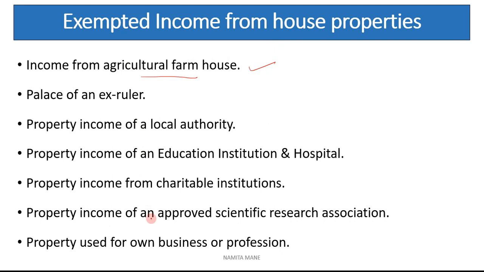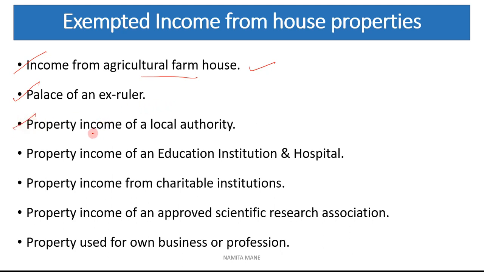So these are the incomes which are exempted from income from house property. First is income from agriculture farmhouse, then income from the palace of an ex-ruler, meaning the king and queen, if they are having palaces, the income generated from the palaces will not be taxable in income from house property.